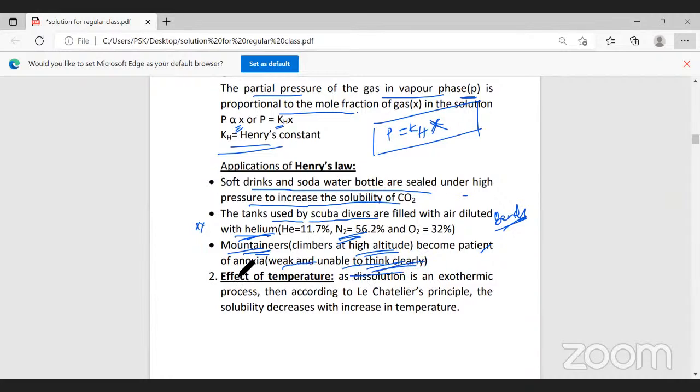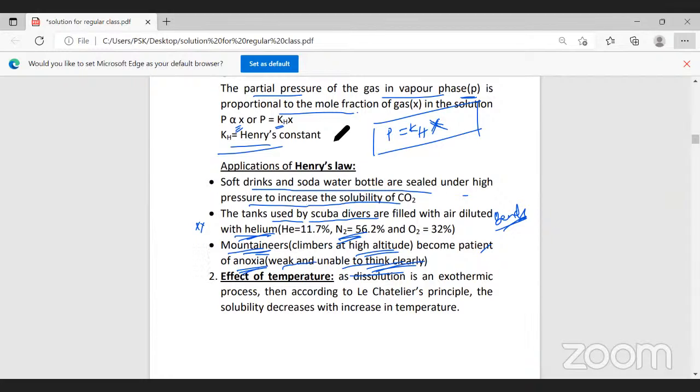That sickness is called anoxia. So they take liquid oxygen to high altitudes. Mountaineers climbing at high altitude become patients of anoxia. They become weak and unable to think because of the lower percentage of oxygen.